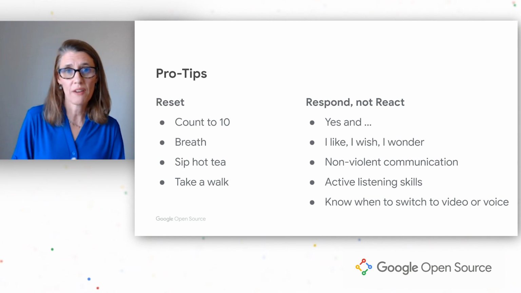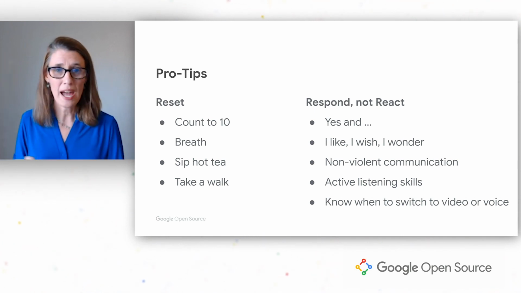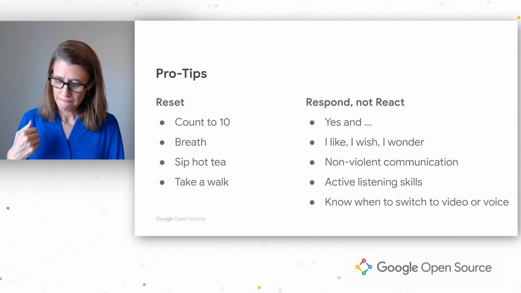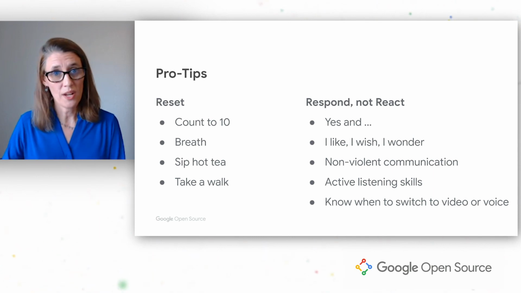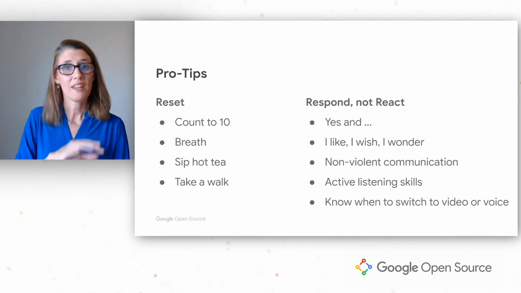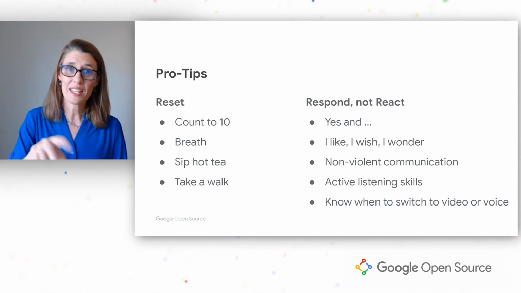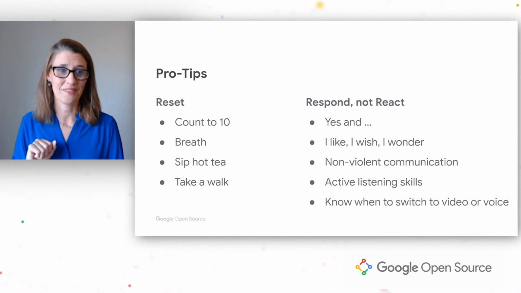So before you take a conversation down a whole other path, it's really important to use active listening. Asking questions like, well, what I heard you say was this. Is that correct? And then you get aligned on the concepts they were trying to share. And then you can say, yes, that's great. And what about this?